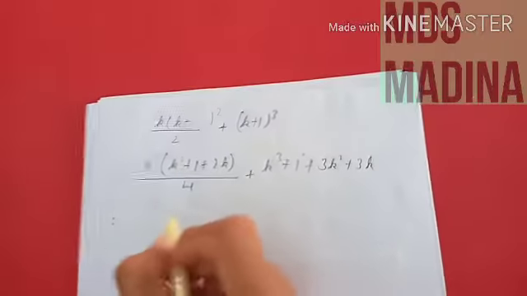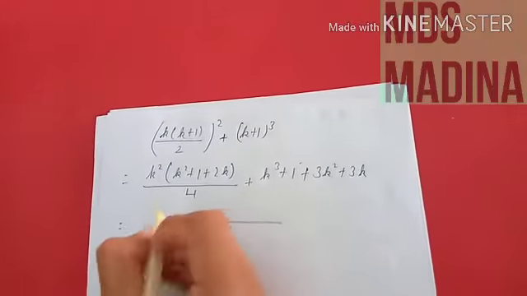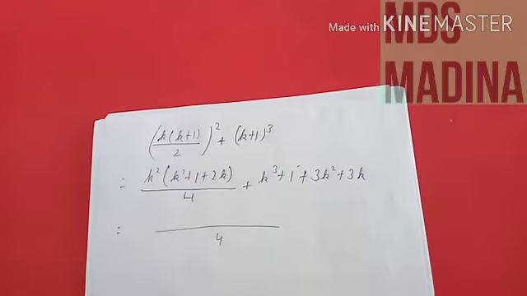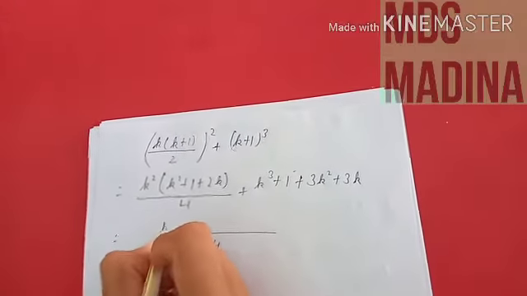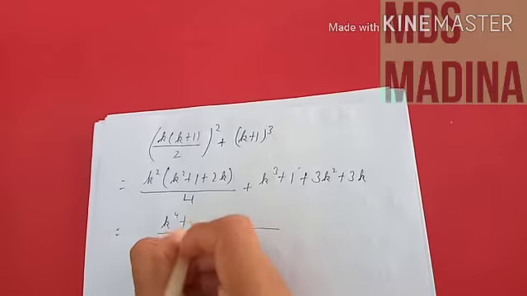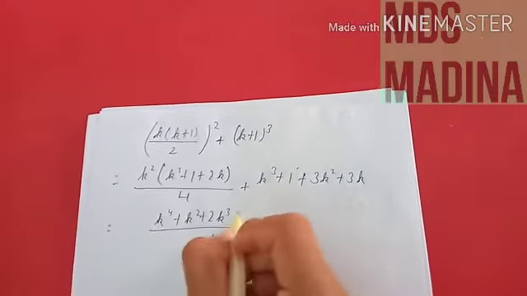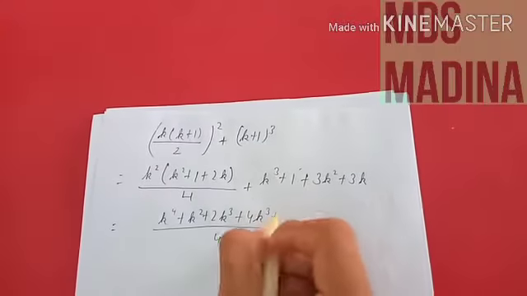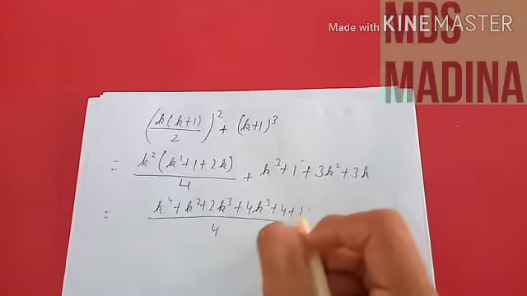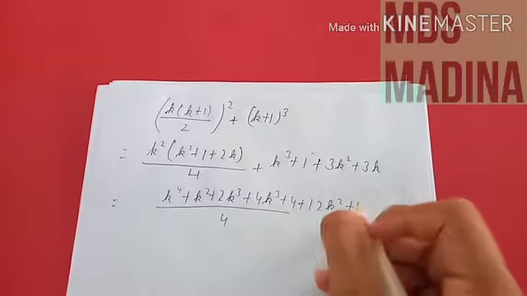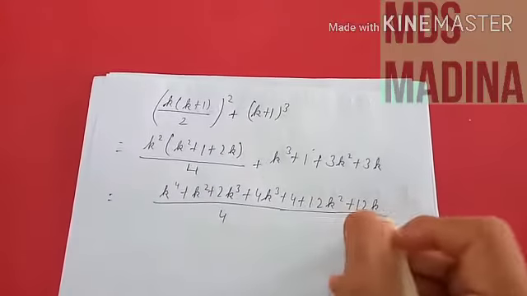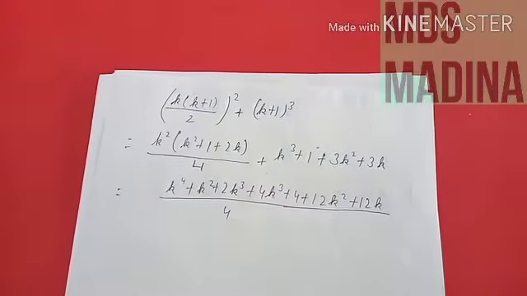Now we will take LCM 4, and we will multiply this inside the bracket. So we are going to get k4 plus k square plus 2k cube plus 4k cube plus 4 plus 12k square plus 12k. We have multiplied 4 here.